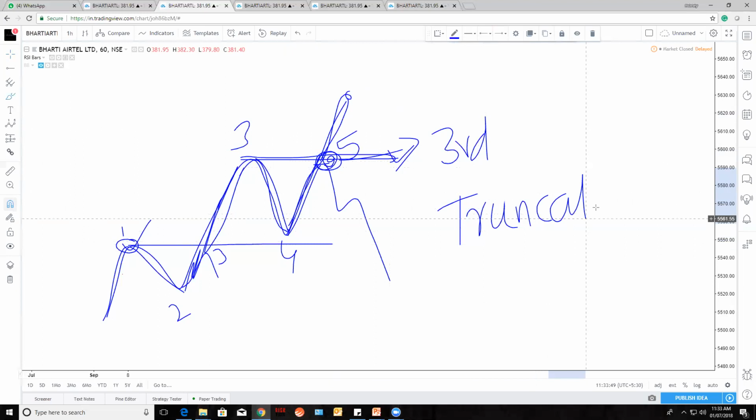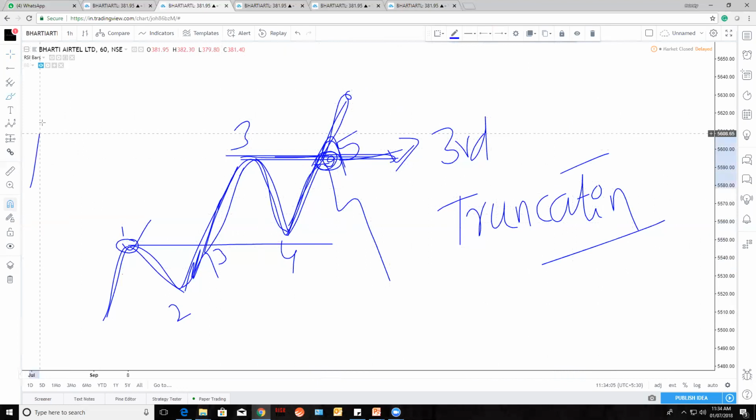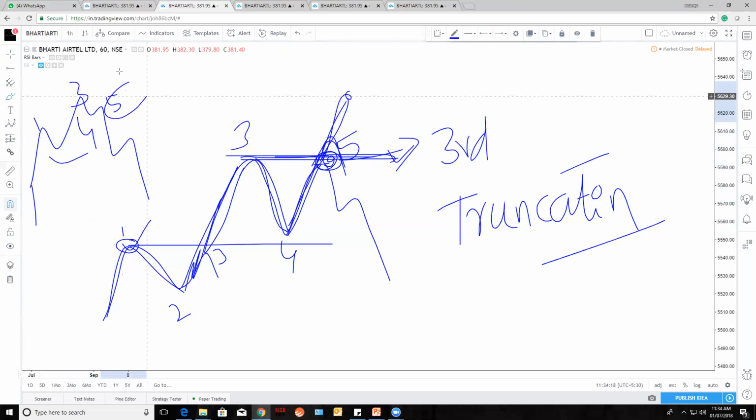It is called fifth wave truncation. Truncation means it couldn't pass or go beyond wave three. Got it? So whenever, let's say, 1, 2, 3, 4, and after that it came down, this fifth wave will be called a truncation.